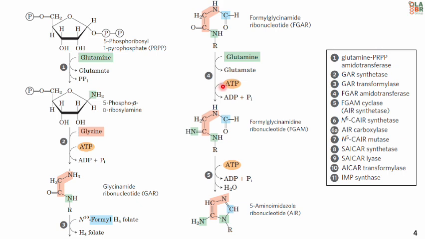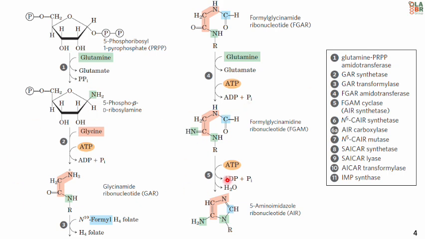And then, again, you have to input ATP, you get your ADP plus Pi reaction. And then right before anything else happens, before dehydration and ring closure yield, the 5-membered imidazole ring of the purine nucleus becomes AIR over here.